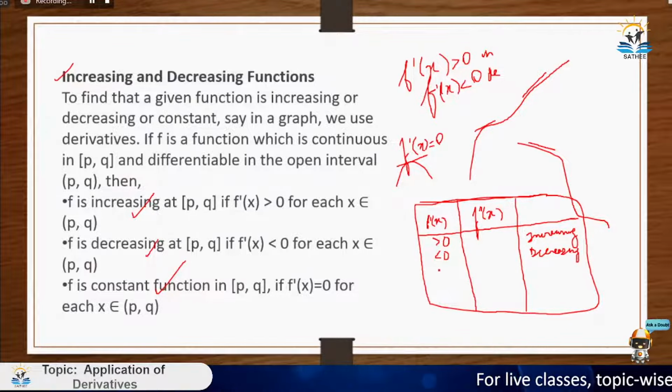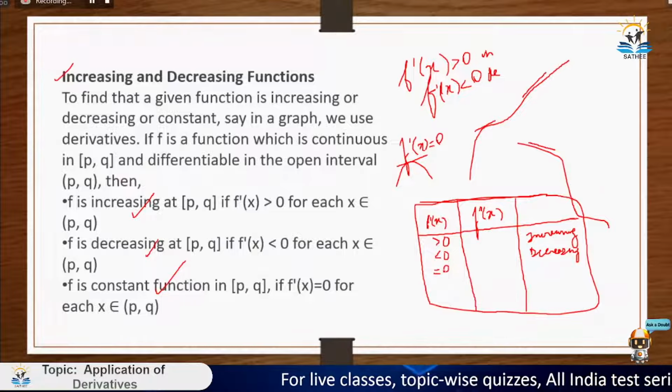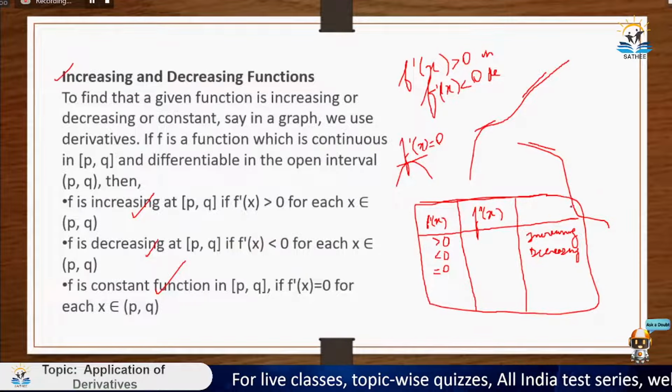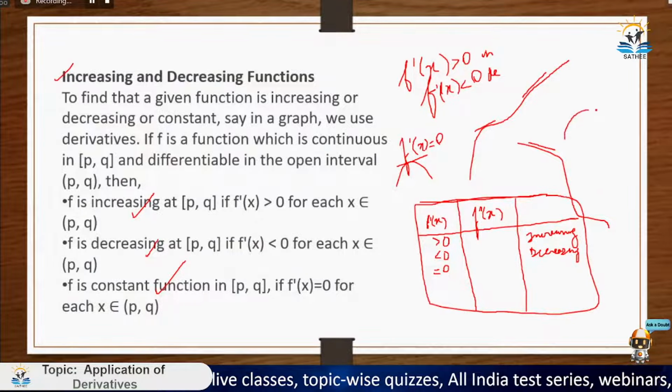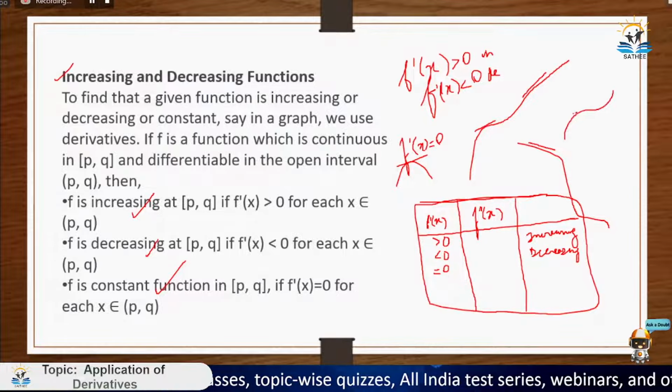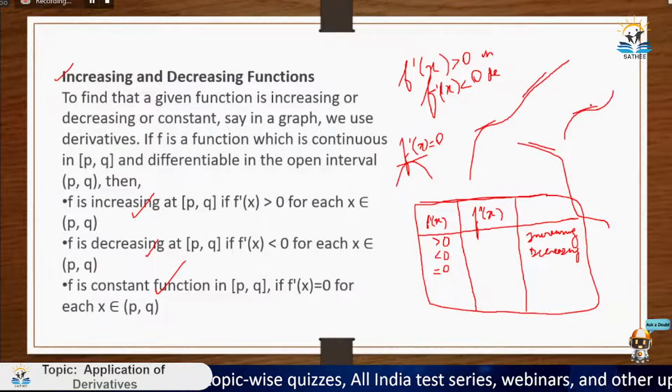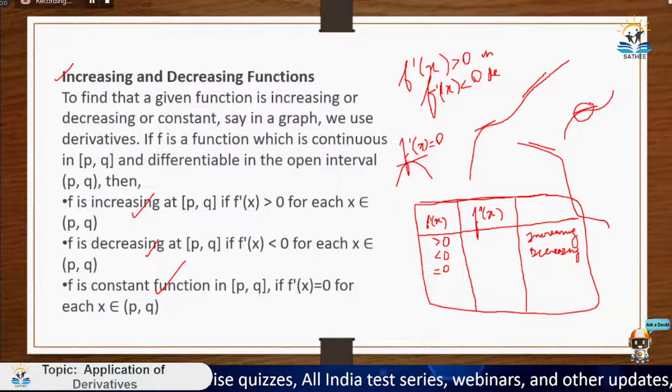And if my f dash x is equal to 0, then I can't say anything with f dash x, because at that point I can have maxima, minima, or nothing at all. I can even get something like this: at this point I don't have maxima or minima, but my f dash x is equal to 0.